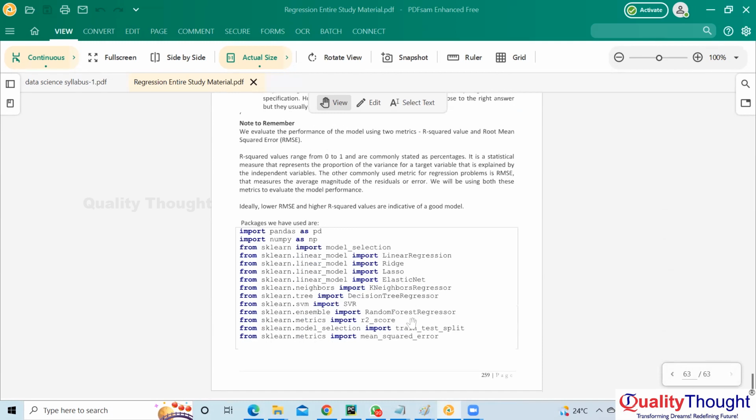Okay, so we discussed linear regression, ridge, lasso, elastic net. When do we use ridge, lasso, elastic net? Ridge, lasso, elastic net is used when you do not have enough training data. You do not have enough data to find the pattern.